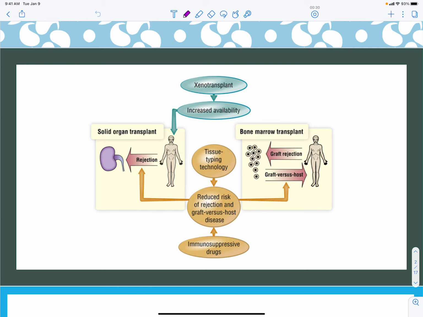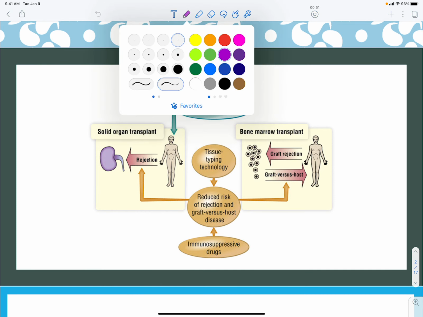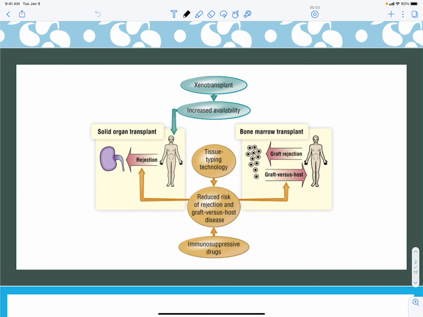And we also have the ability to transplant bone marrow cells, and oftentimes these stem cells from the bone marrow are going to be used to replace a primary immunodeficiency, such as a deficiency of FOXP3. And both of these are going to have different issues with them.